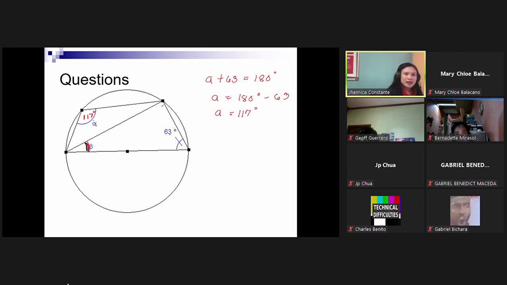Since we don't have the measurement for this angle, we can use the property of the center angle. It says that in the special case of a center angle, once one of the line segments of a triangle lies as a diameter, that means the opposite angle of this center is equal to 90 degrees.